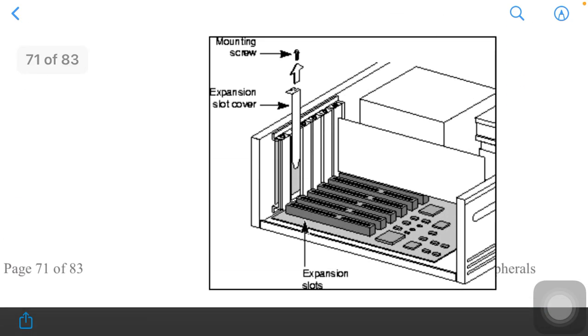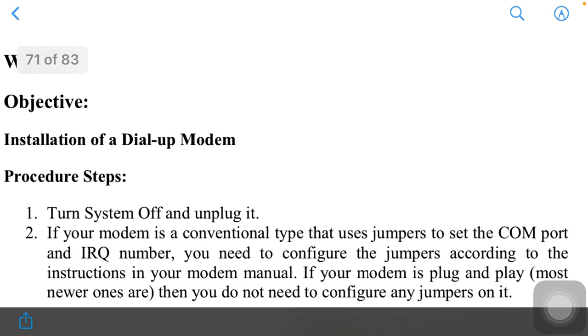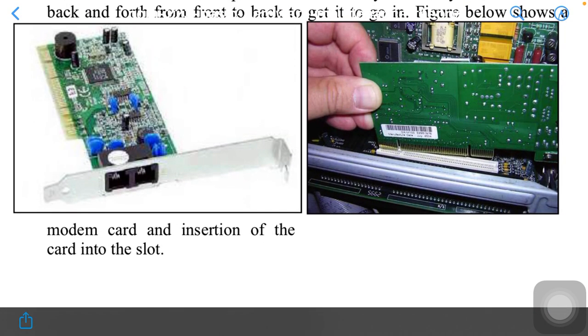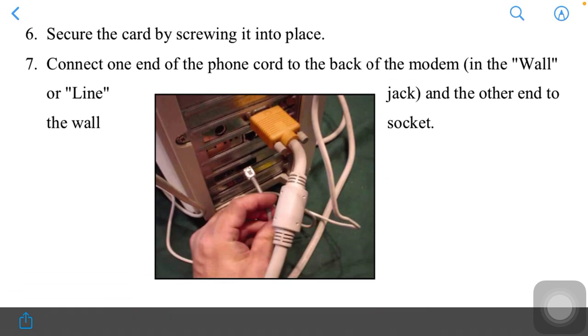So plug it in. Okay, the modem card is plugged in, and at the back, you plug in your modem cable, like our RJ45 cable, the telephone cable. You have to secure the card by screwing it into place and connect.